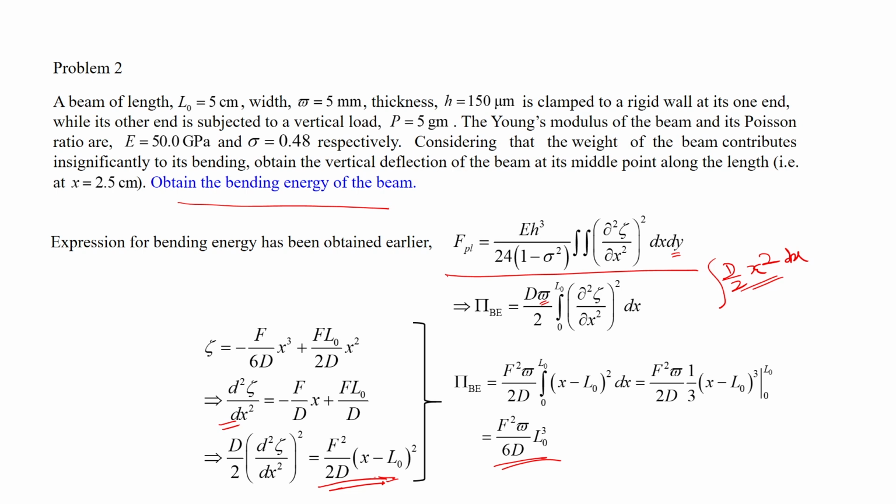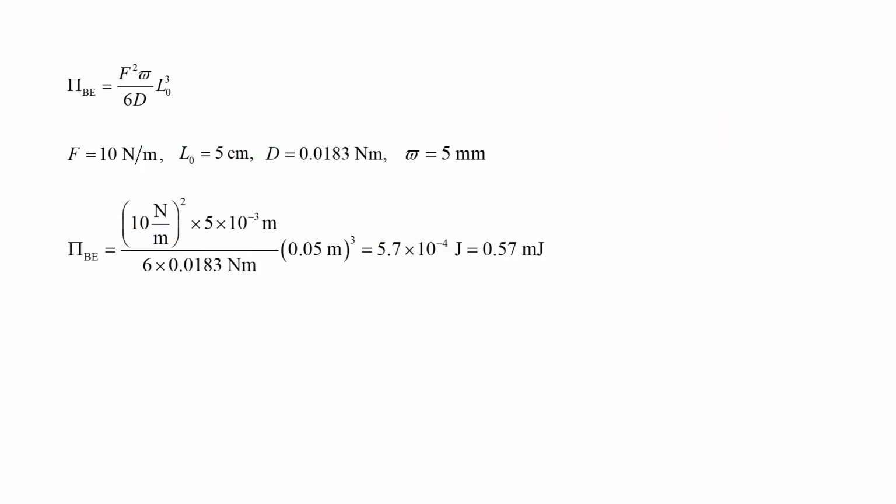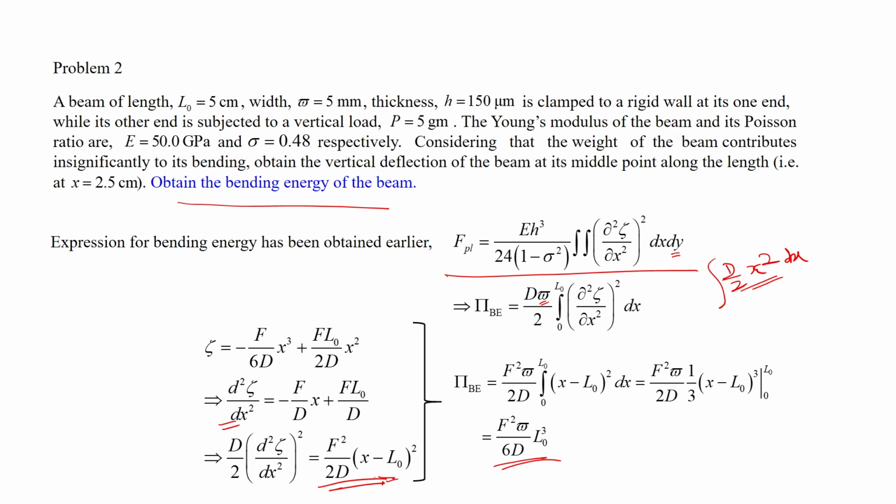Then of course, you can put the numbers and find it out, and it will come out like this with these quantities that are already there. So, please substitute and see if this value that I have estimated is correct or not. I hope you appreciate this particular part. Here, actually, I should have written it as minus F by D into x minus L0, so you are finding the square of that.